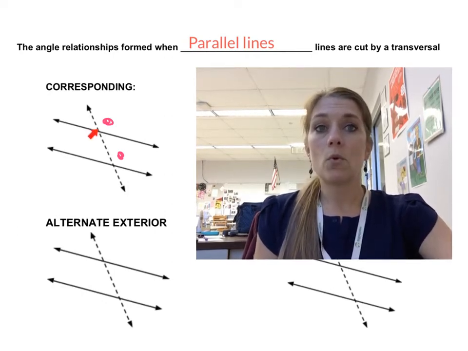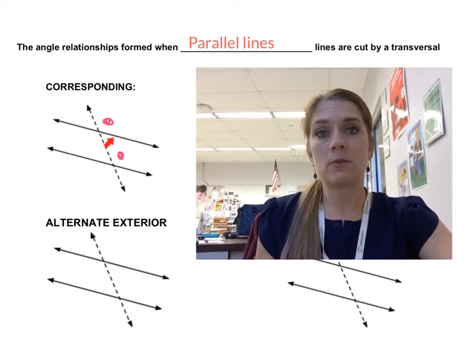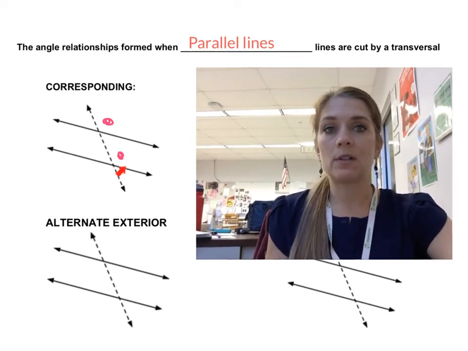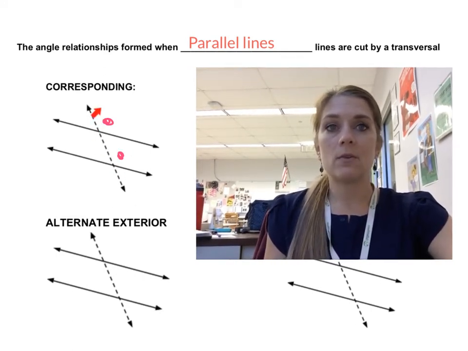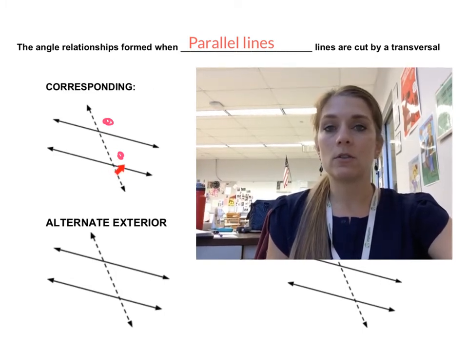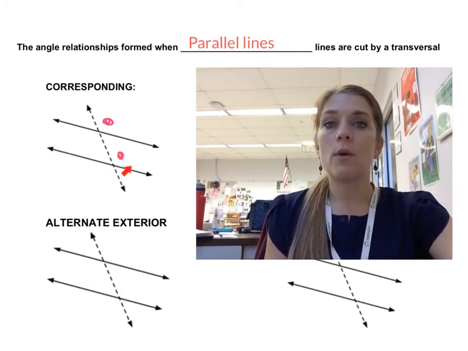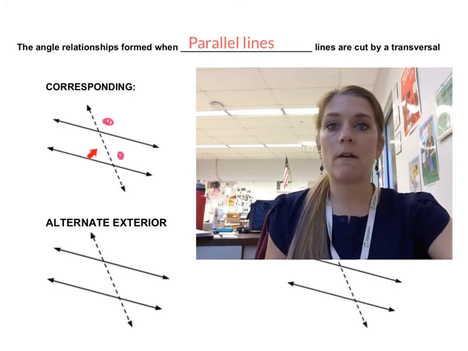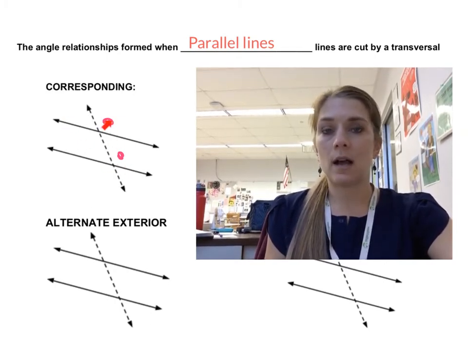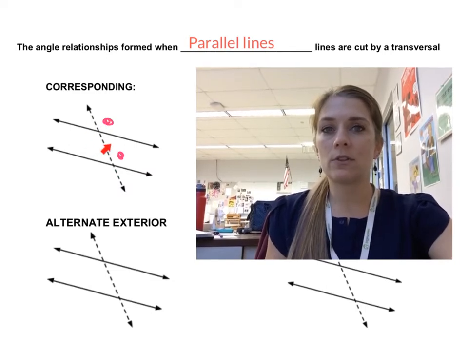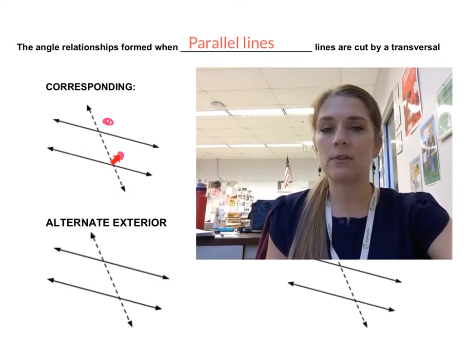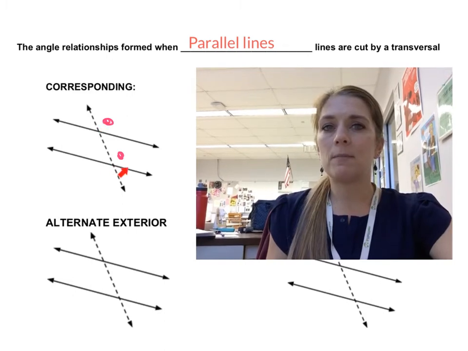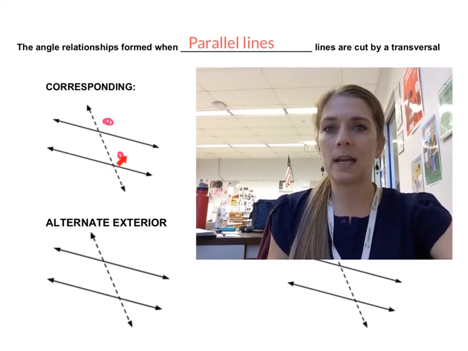There are more pairs of corresponding angles than are identified here. I'll label some more as we go along, but this angle in here is in the same spot as this one here. So when we say corresponding, we pretty much mean that they are in the same location on each of the parallel lines. So out of these four angles that are created here and these four angles that are created here, both of these pink dots are in the top right-hand corner.